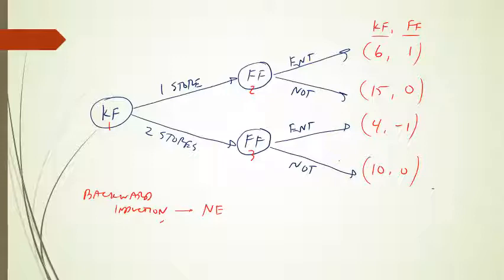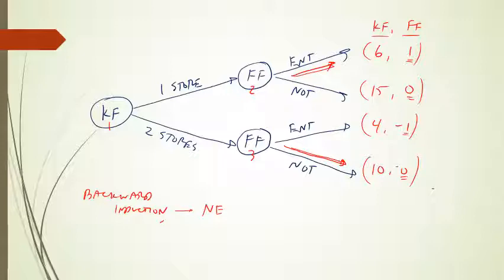King Foods is already committed to 1 store, so Fresh Foods would enter because 1 is bigger than 0. If Fresh Foods finds themselves at node 3, King Foods is already committed to 2 stores, then Fresh Foods would not enter because 0 is better than -1.